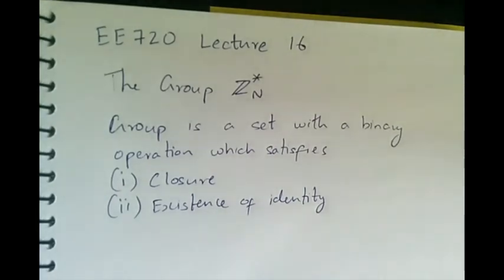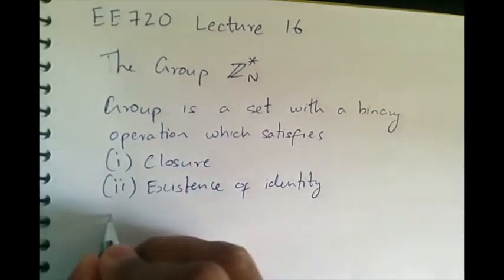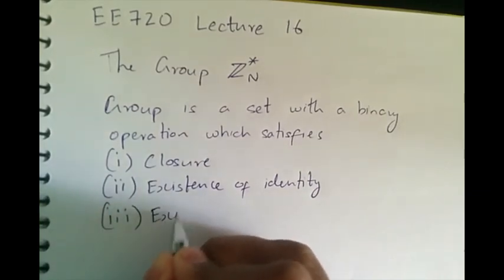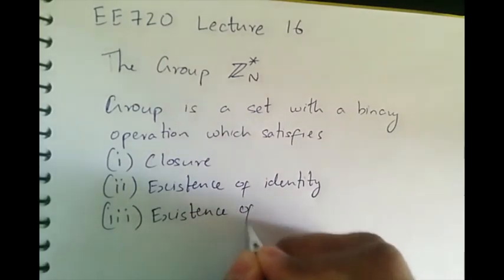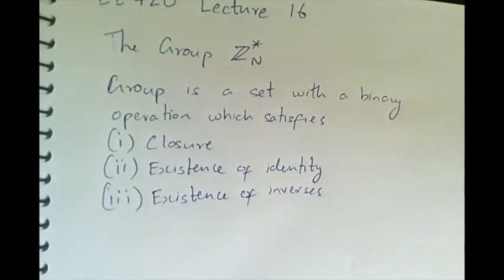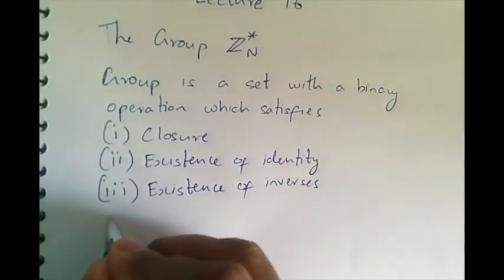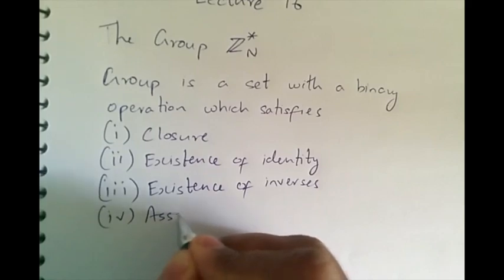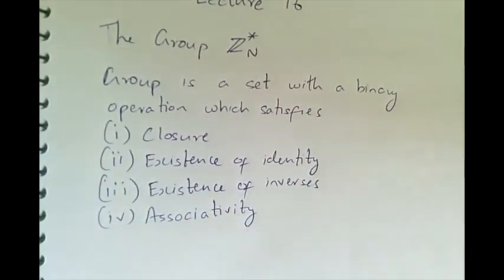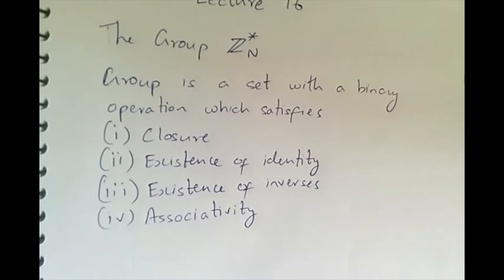Then there has to exist inverses for every element in the set. And finally, we need the binary operation to be associative. These properties were defined and discussed in lecture 14. So you can look at the lecture outline for the specifics of these definitions.